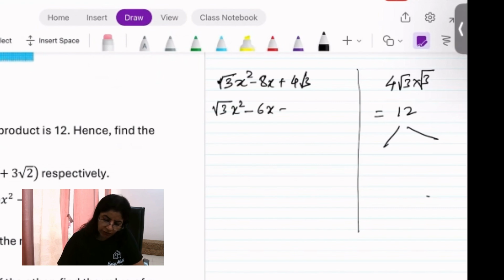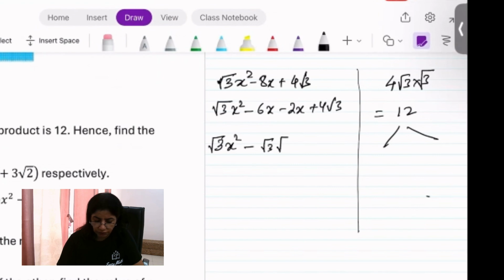So the factors will be root 3 x square minus 6x minus 2x plus 4 root 3. Taking common, we don't see anything common, but there is a 3 hidden in 6. So let's break up 6. This will become root 3x into x minus 2 root 3, minus 2x plus 4 root 3.